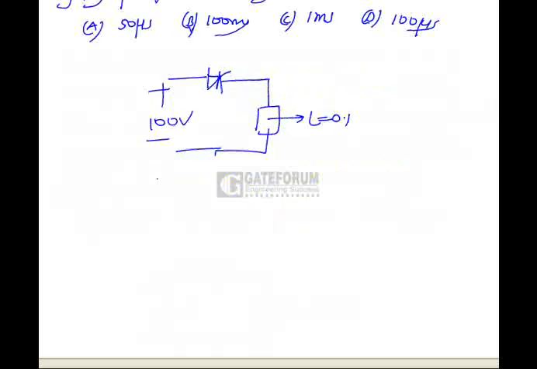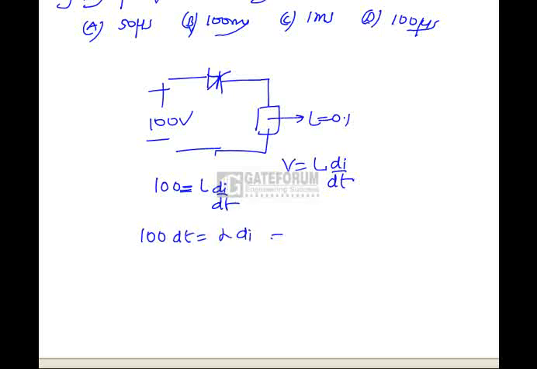The voltage supplied from the source appears across the load, that is V is equal to L into di by dt. So 100 is equal to L into di by dt.